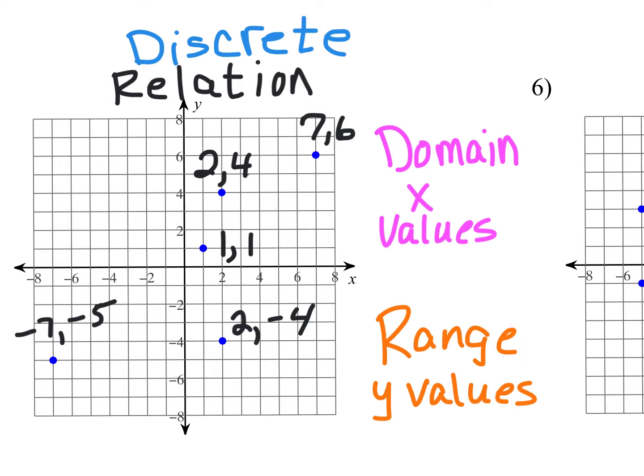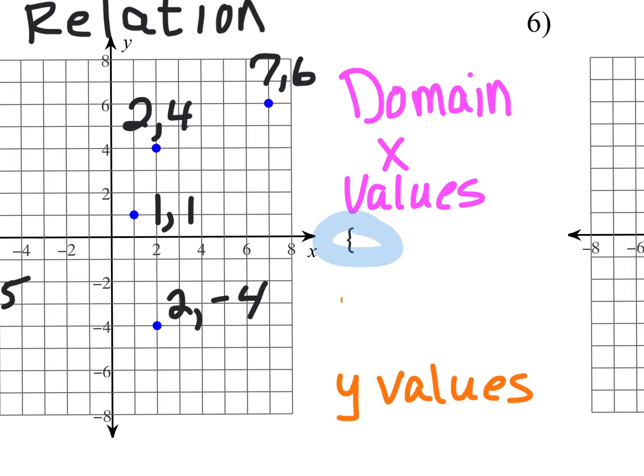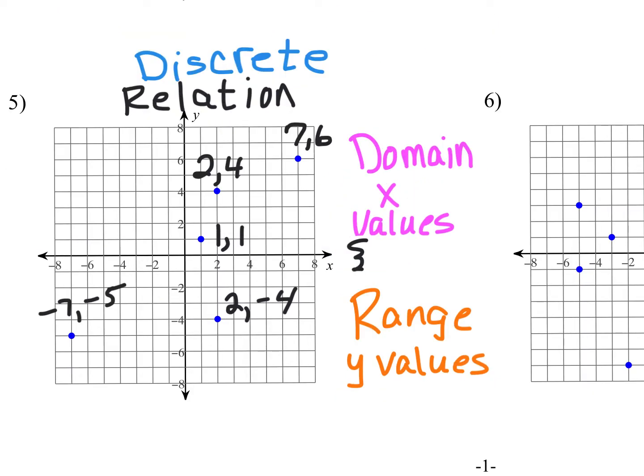No matter whether you're doing domain or range, they have the same set of brackets that go around them in a discrete relation. It's these little curly braces right here. I'm going to do a really lousy job of actually drawing them, but just for the record, this is what I'm trying to draw. And as you can see, it doesn't look that great.